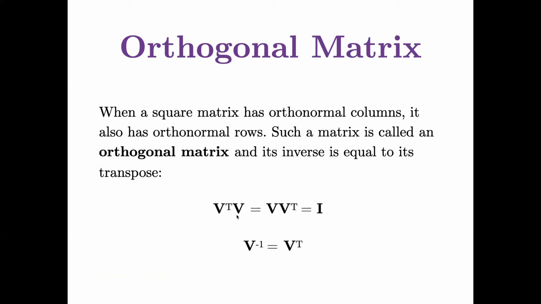Now, if you recall from the primer material, this is the very definition of a matrix inverse, a matrix that you multiply on either side of V in order to get the identity. So the inverse of V is the transpose. It's about the easiest inverse there is to find on the planet.